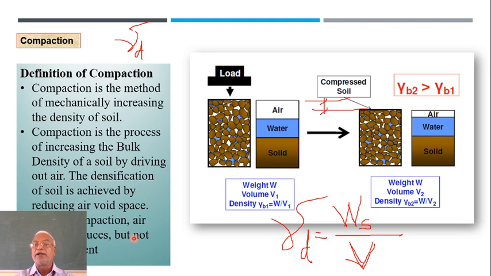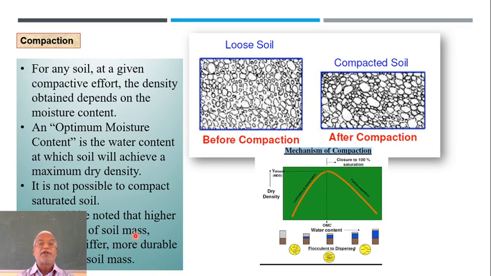Sometimes the water content actually increases. We are going to see that in detail. Now from this slide, what we have understood is what is meant by compaction. It is nothing but a mechanical process through which we are decreasing the volume, and because of that the weight divided by volume, that is the dry density ratio, increases.